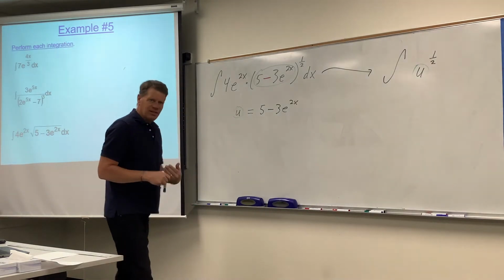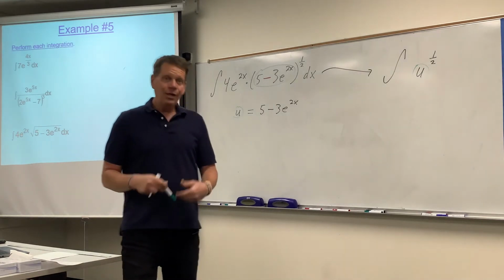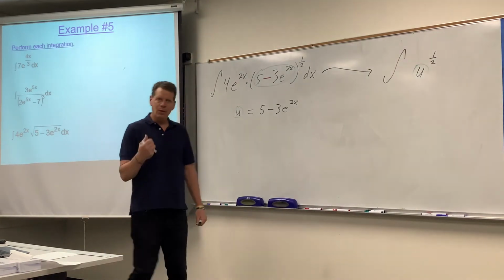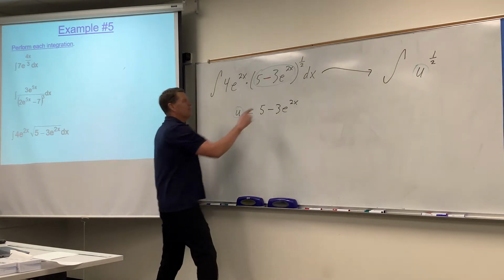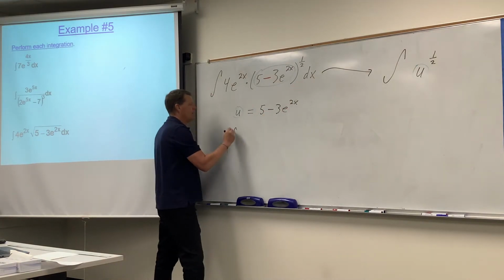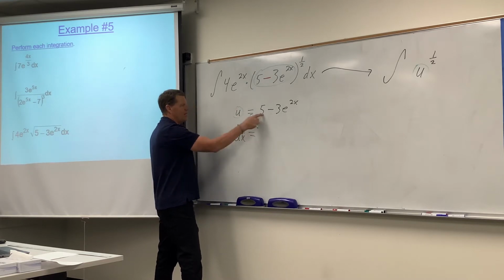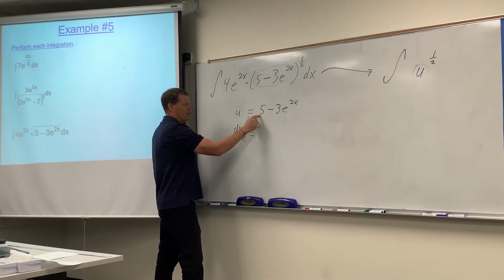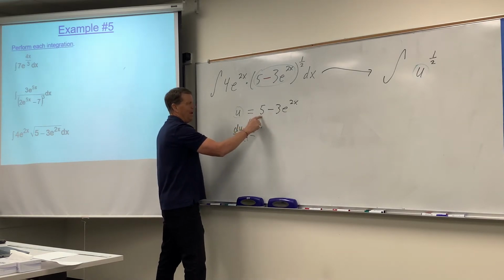As I record this, I haven't had a chance to grade your substitution assignment, but I hope that it went well. Let's now build the dx, which again provides the motivation behind differentiating both sides with respect to x. Let's see, 5 has a derivative of 0. And then this would be what?